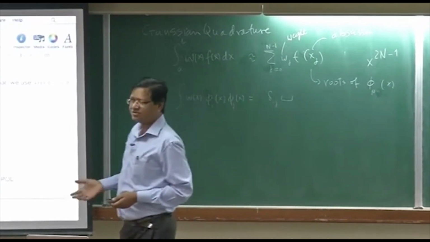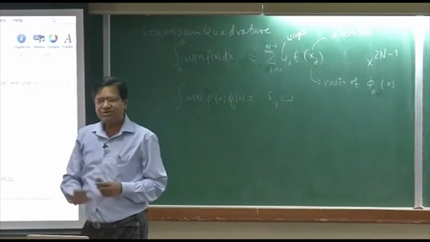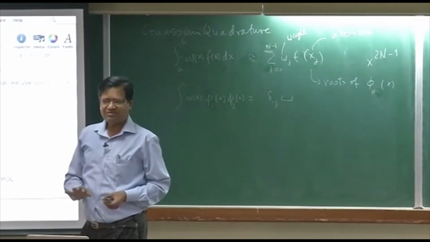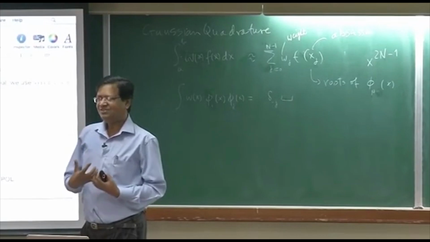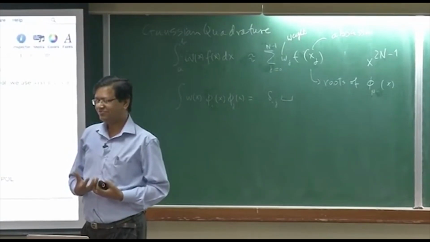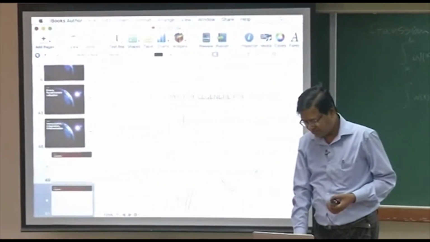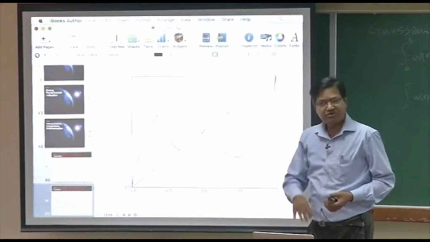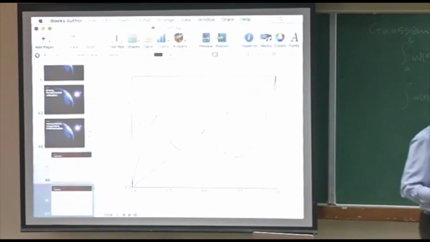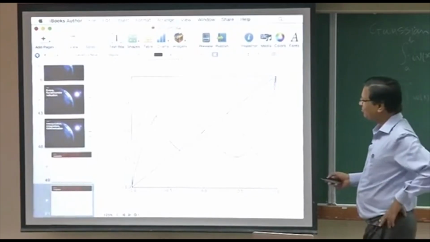So how does it look? There is a way to plot them. There is a package called special. Using the special package, which I will share with you, it will give you phi of x. You don't need to remember them; it is part of Python. So these are the Legendre polynomials.